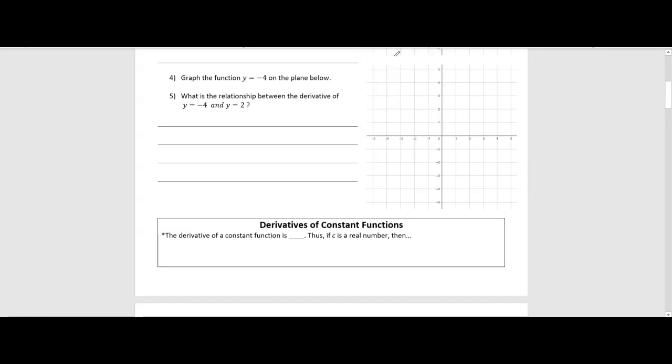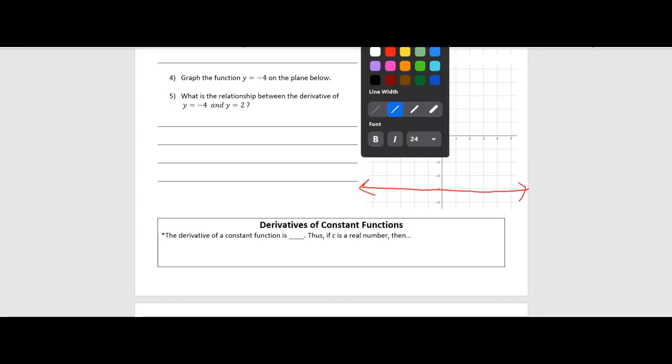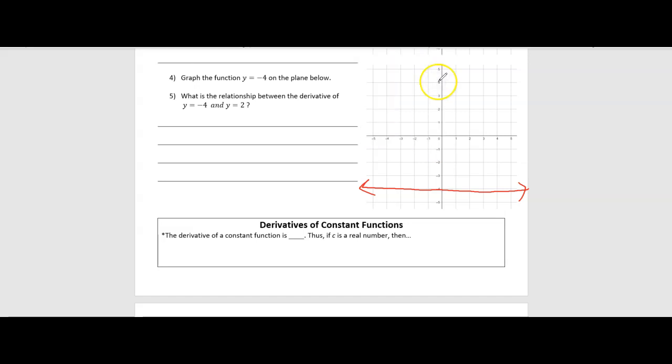Okay, so if we graph the function y equals -4, that's going to be a horizontal line that goes through -4 on the y-axis. And again, if we pick any point on this graph, let's pick the point x equals 3, the tangent line is going to be the same as the original function. And notice that these tangent lines are all horizontal.